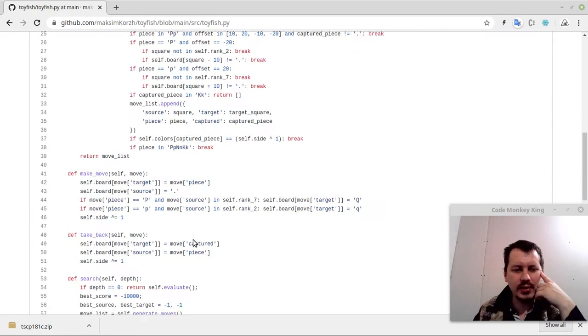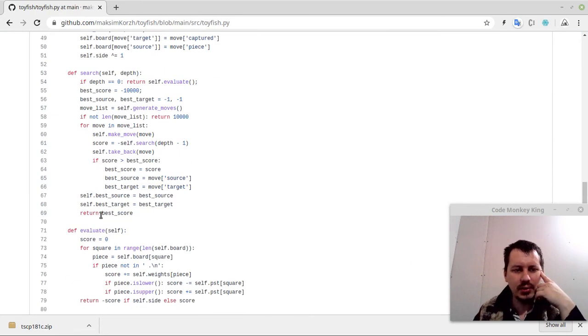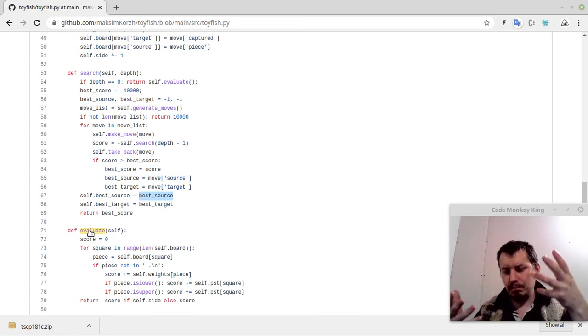The search returns the best score. But meanwhile, we have the best source and the best target global variables, and we associate the best score with the best source and the best target, which makes the best move in the current given position.